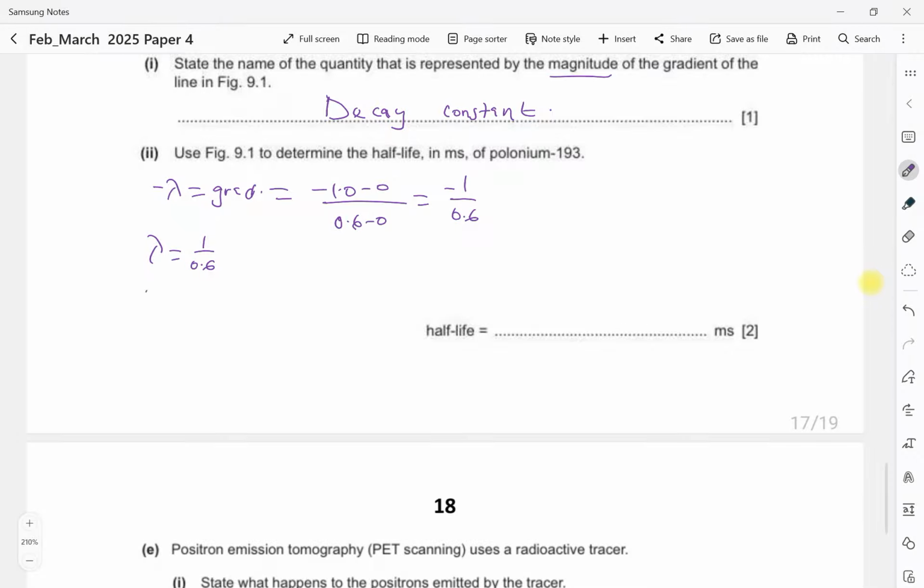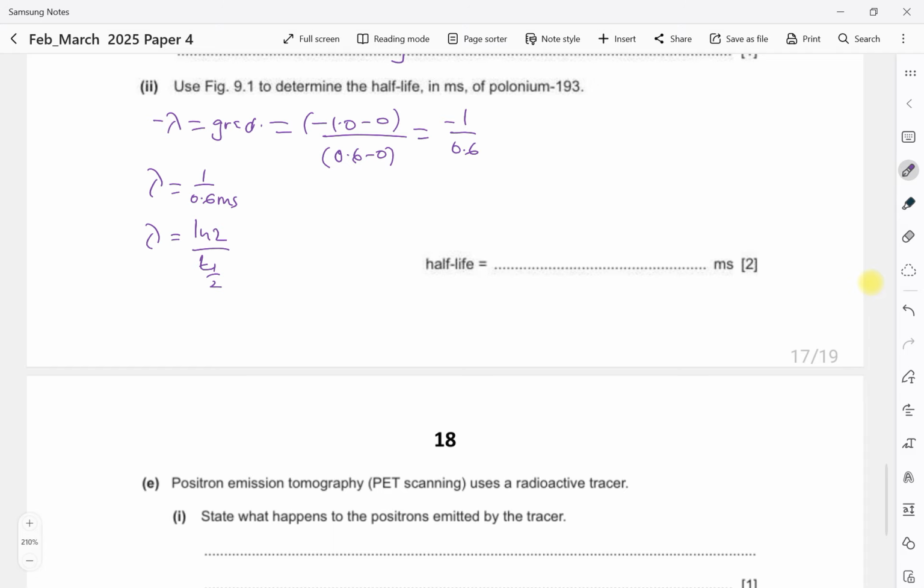And you also know that the decay constant equals ln of 2 over the half-life. Remember, this t was in milliseconds; the ln has no units, and this one is in milliseconds. So the half-life is going to be ln of 2 divided by the decay constant.